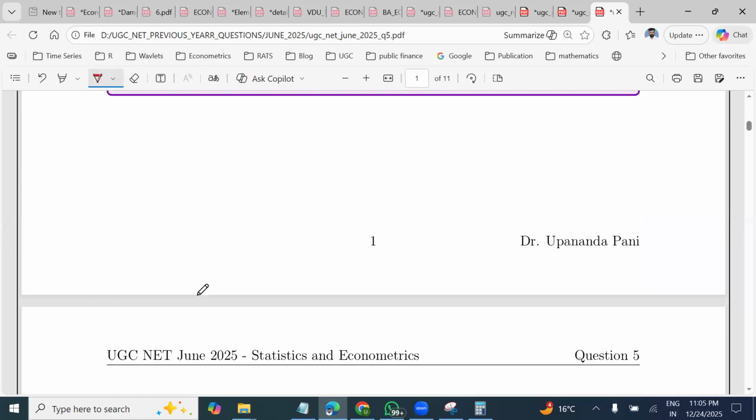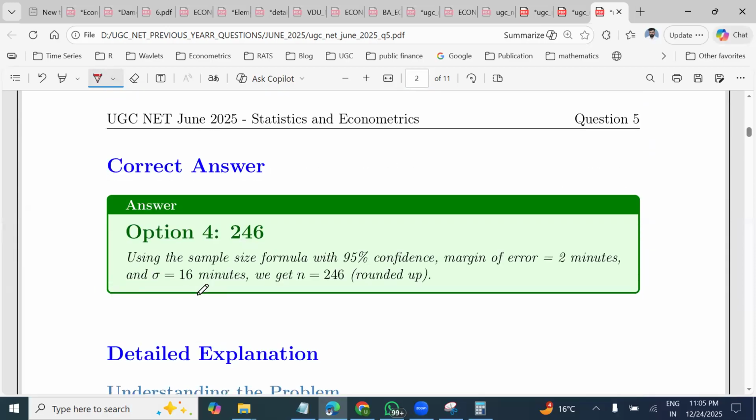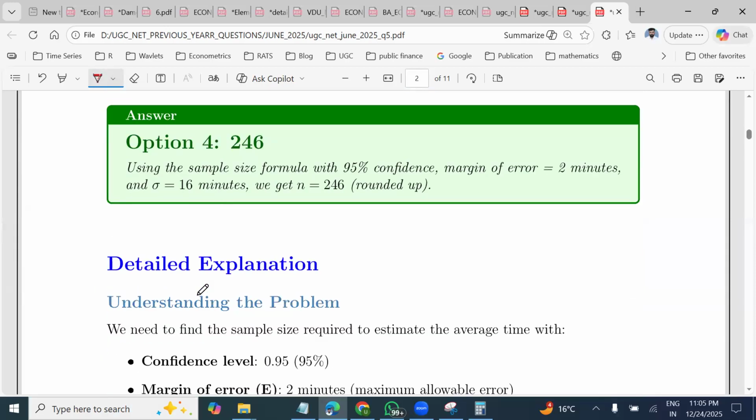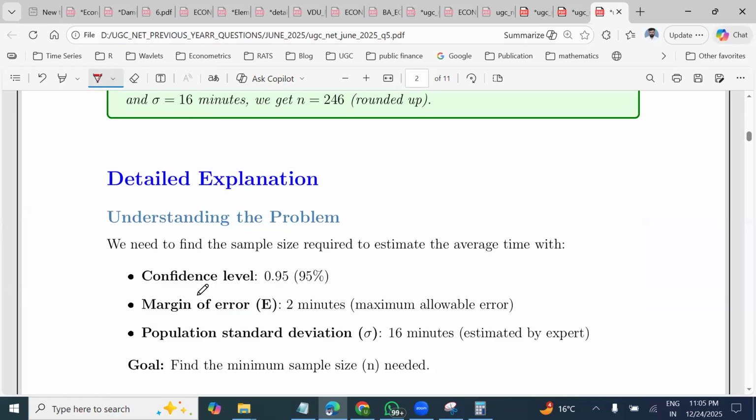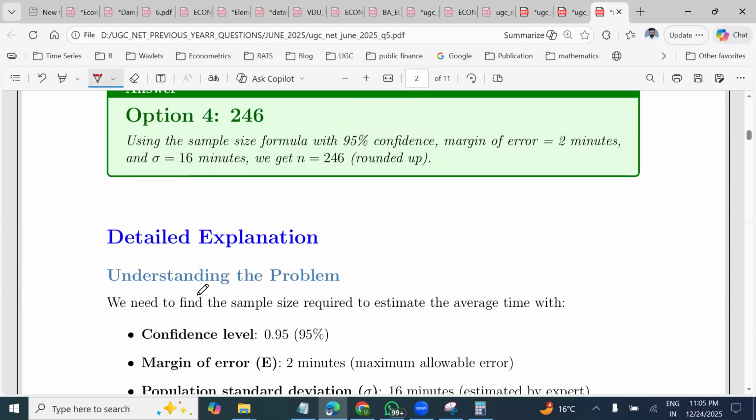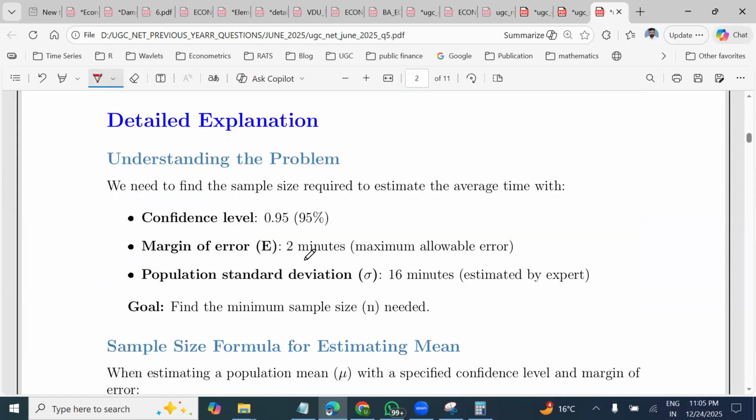Because this is a difficult number, let's say option 4 is the answer. Now we will see how we are getting the answer in this case. All of you have the questions, right? When I am solving, you have the questions with you. You see the questions.